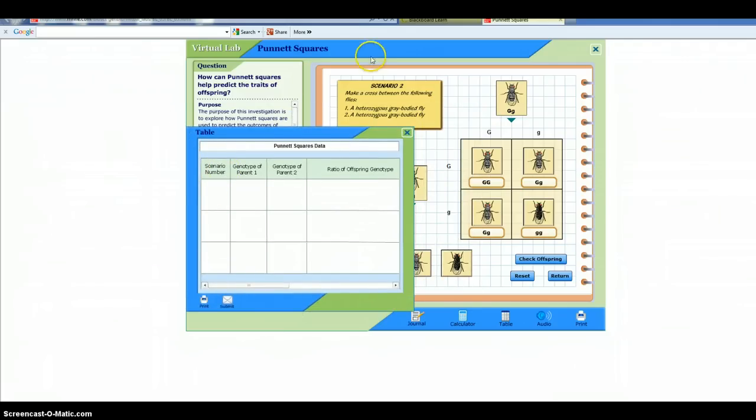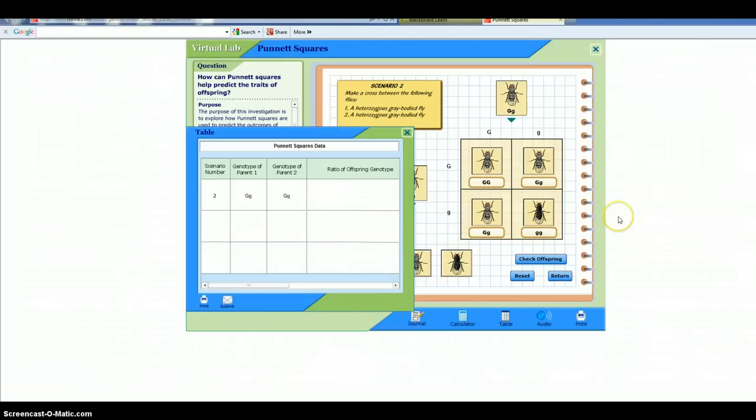Scenario number 2, there it is. Genotype of parent 1: G and little g. Genotype of parent 2: G and little g. So what is the ratio of the offspring genotypes? Well, it's 1 of those, 2 of those, and 1 of those.